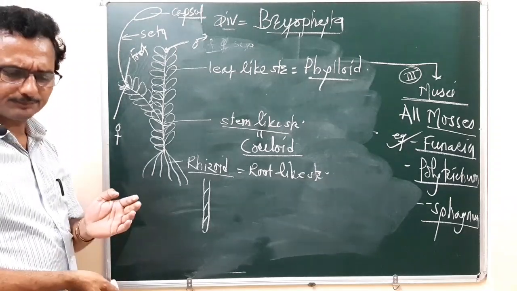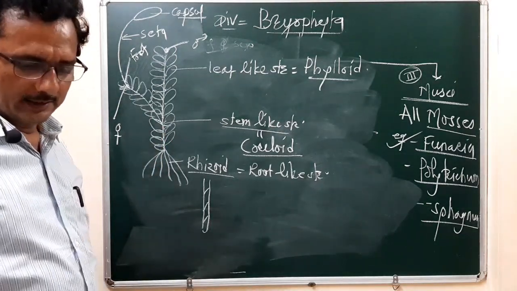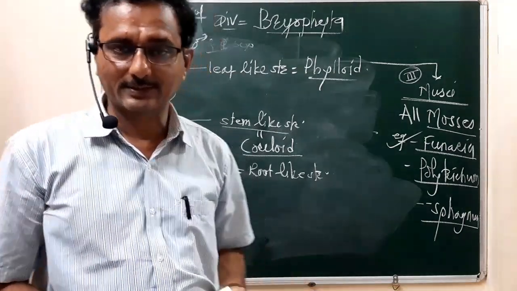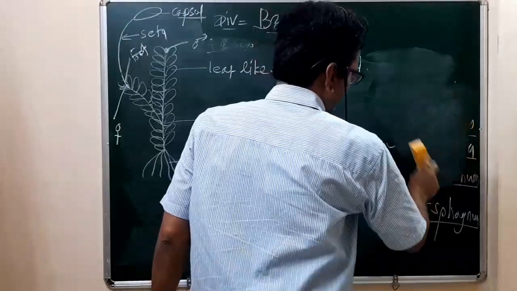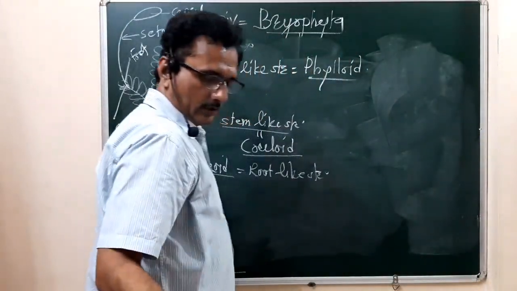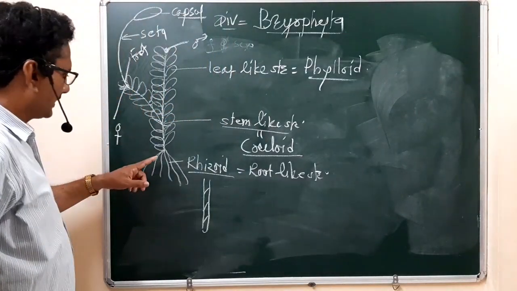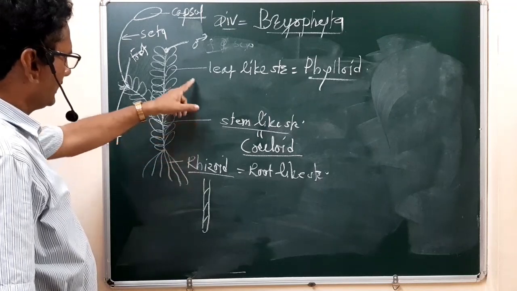Then the gametophytic phase, in its beginning, shows two stages. The gametophytic phase has the root-like structure, rhizoid, stem-like structure, and leaf-like structure.